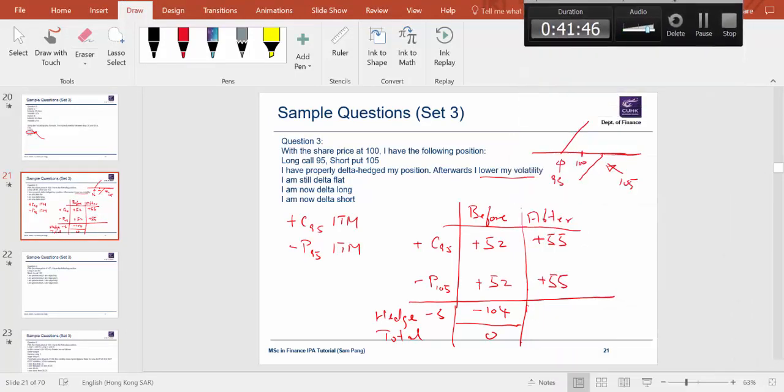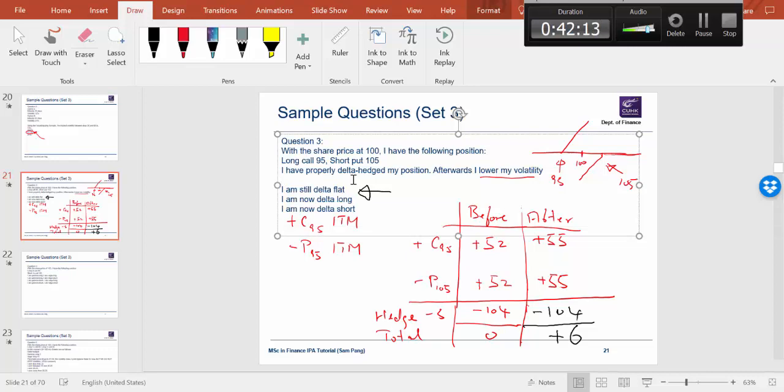Now what? So your hedge has not changed, but guess what? You are now long delta. So the correct answer is B. Is everyone okay with that?